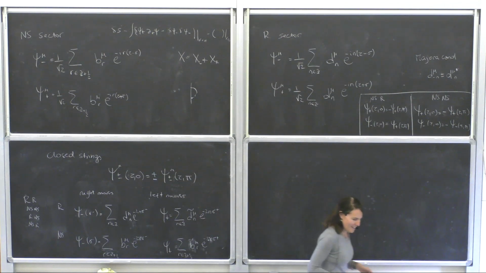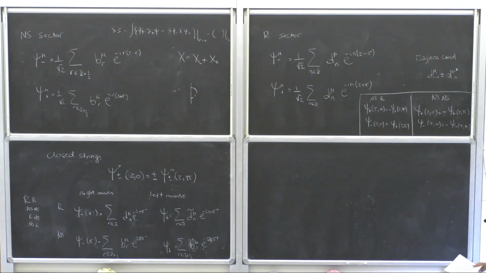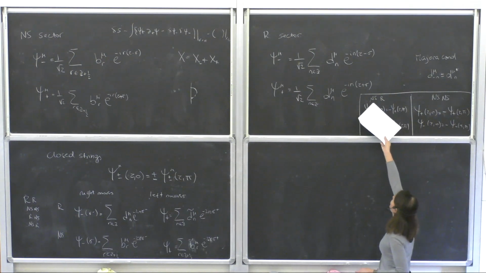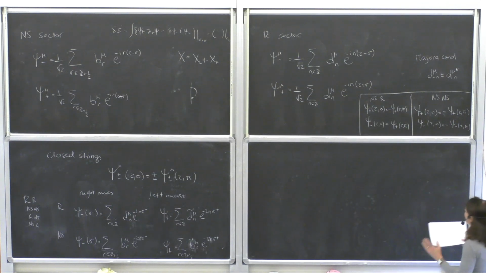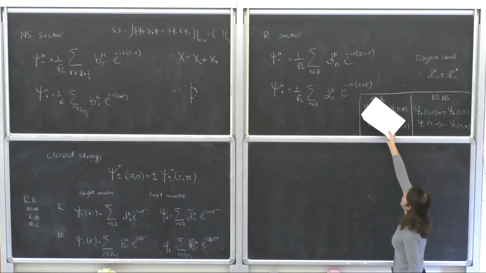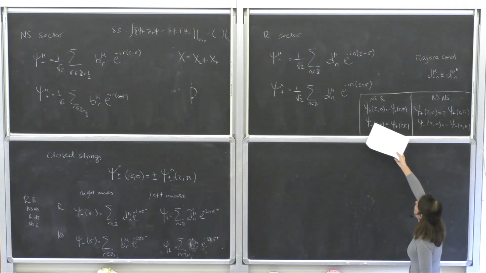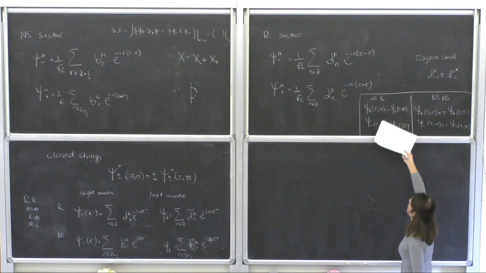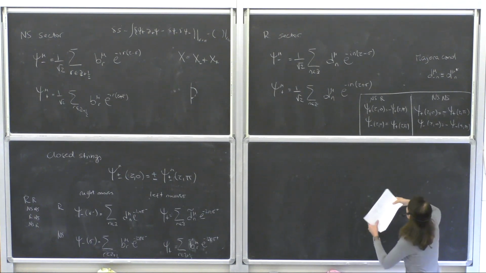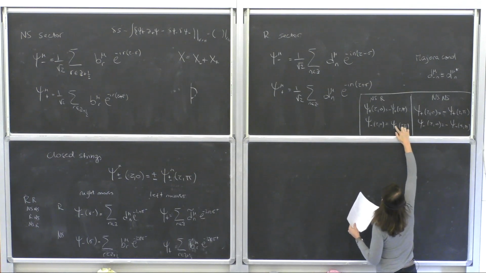In many books, I think including Becker-Schwarz, this is what you do on the right, and this is what you do on the left. But here I put NS boundary conditions on the left movers, so the psi plus, and Ramond boundary conditions on the other, and this is wrong.